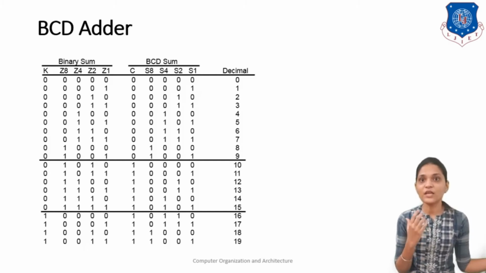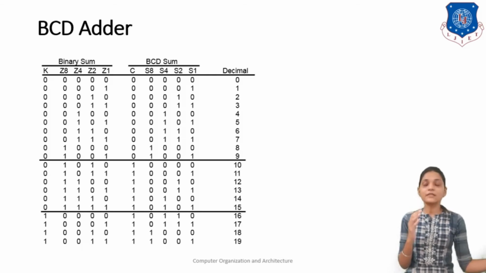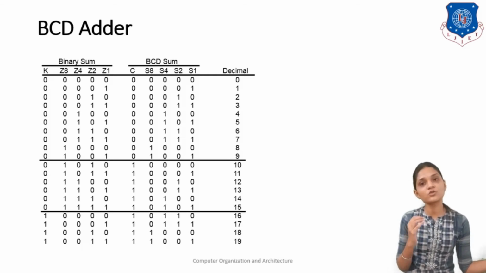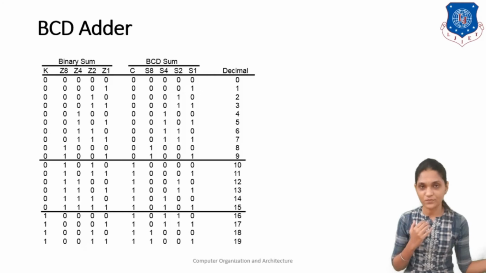We can find this by adding 6 to it, which we learned in the third semester: in BCD addition, if your number is not in a proper format, then you have to add 6 to this number, and then you can get the proper number.